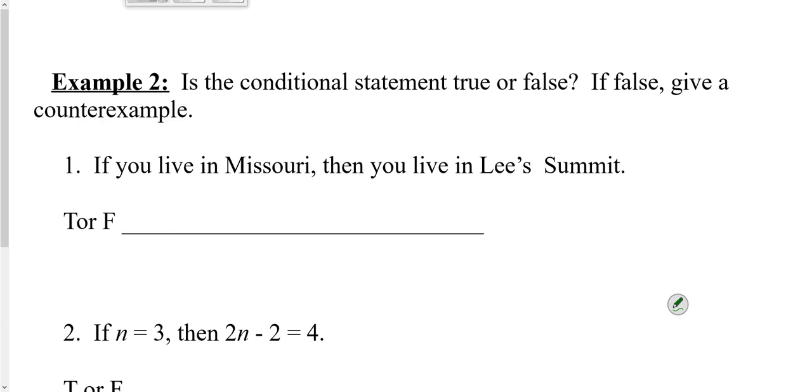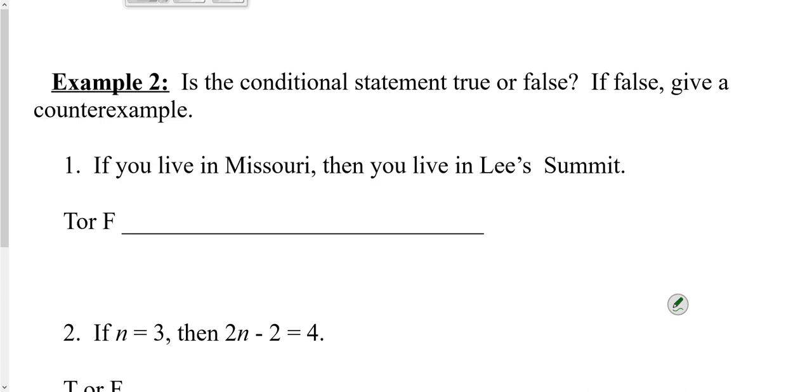Okay, example number 2. Is the conditional statement true or false? If false, we need to give a counterexample. So, if you live in Missouri, then you live in Lee Summit. Is that true or false?